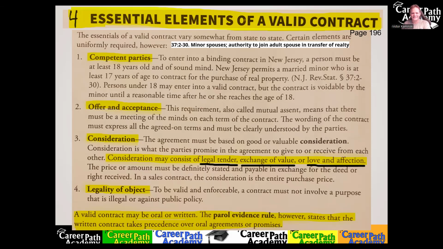Okay, but for exam purposes only, when can a contract with a minor be enforceable? If they're a married minor. I know it sounds ridiculous because you can't be married if you're a minor, but that's the correct answer for exams.